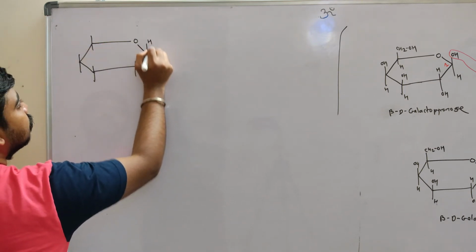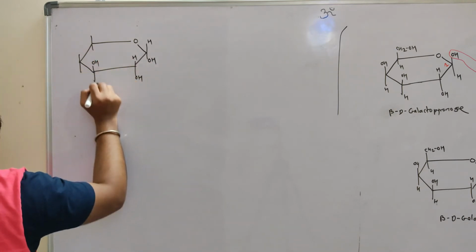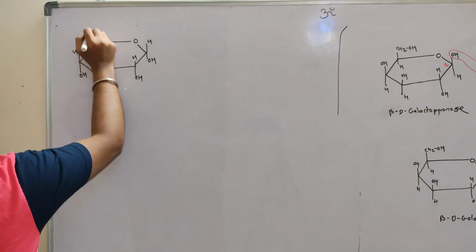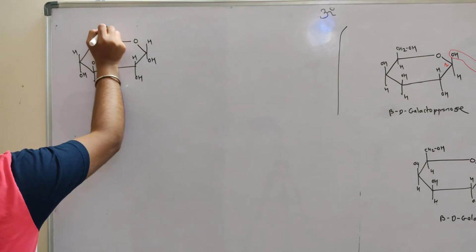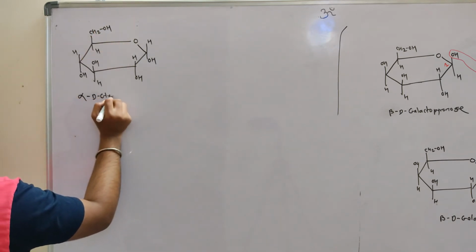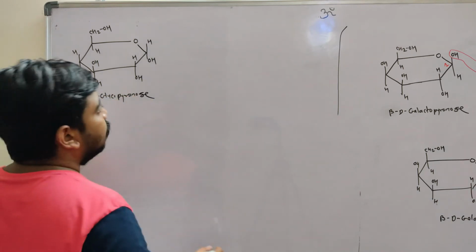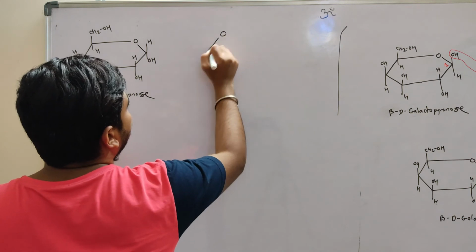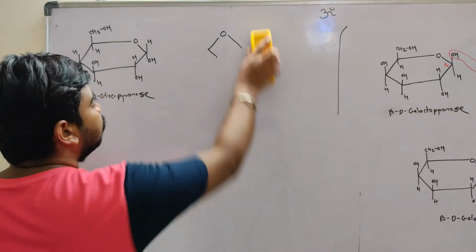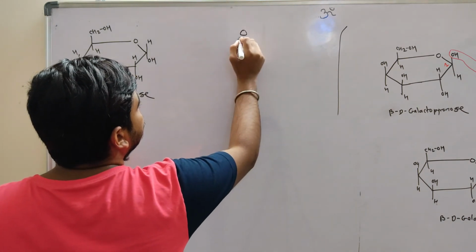So this is alpha D glucopyranose and another, fructose.